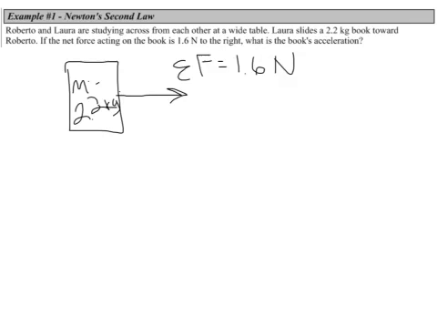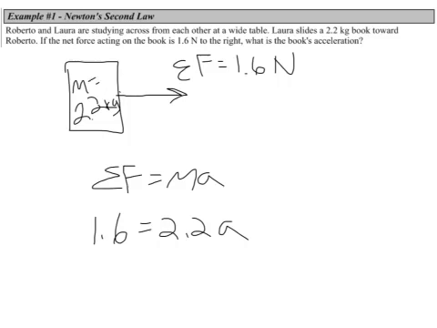Newton's second law tells us the net force equals mass times acceleration. So here's our 1.6, 2.2. Our acceleration is 0.73 meters per second squared.